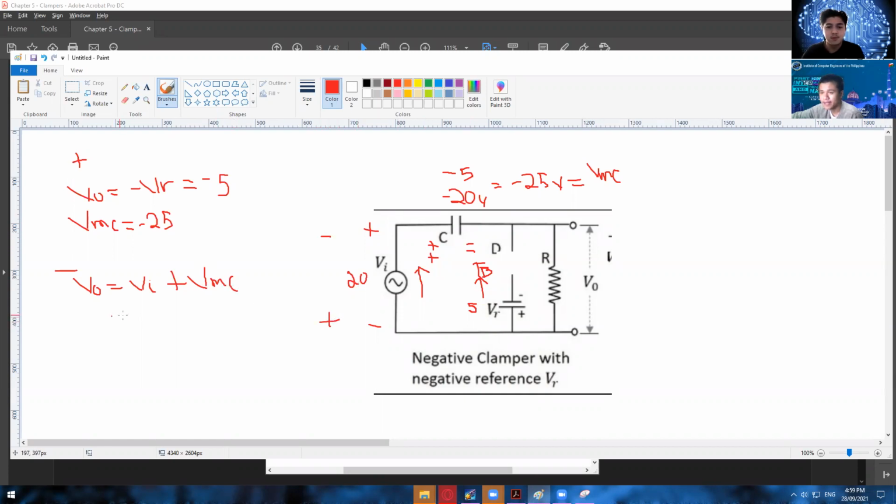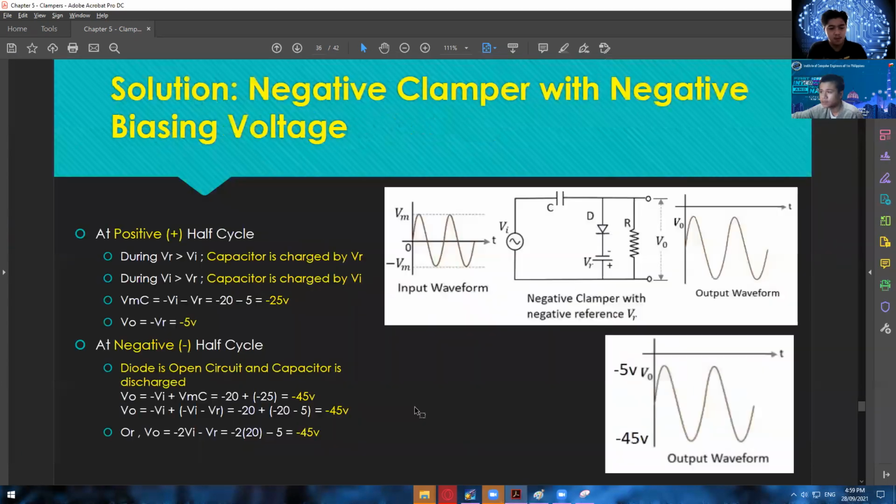So we have here negative 20 plus VMC, which is negative 25. So VO is equal to negative 45 volts. Okay, and if we are going to compare this one, we have the same result.